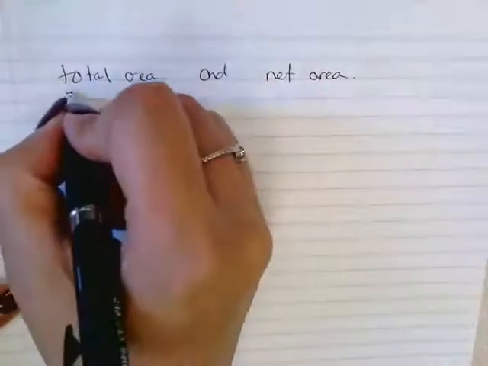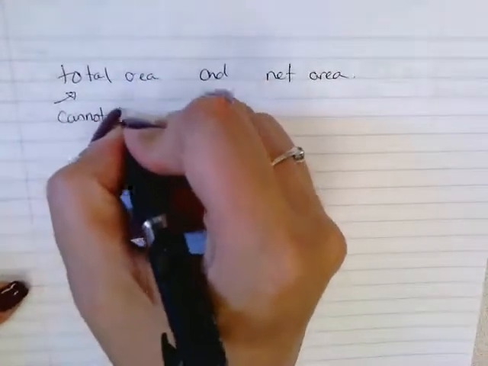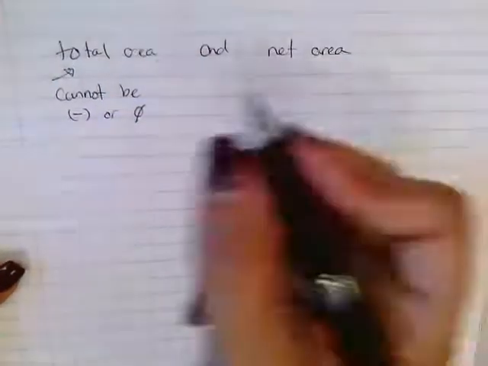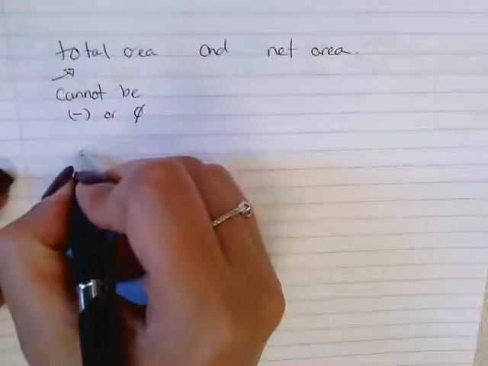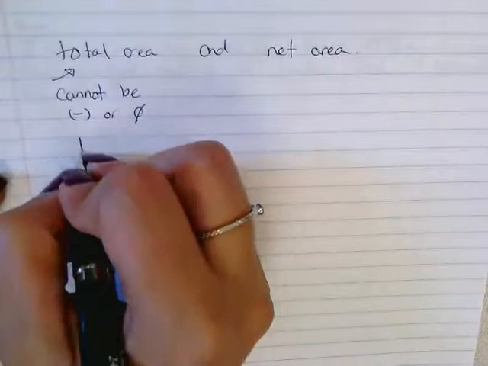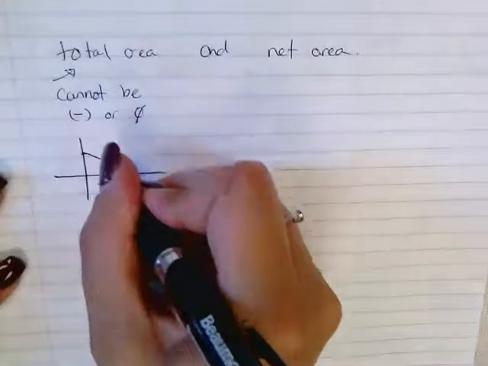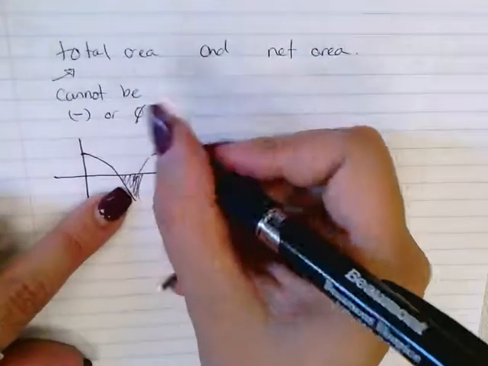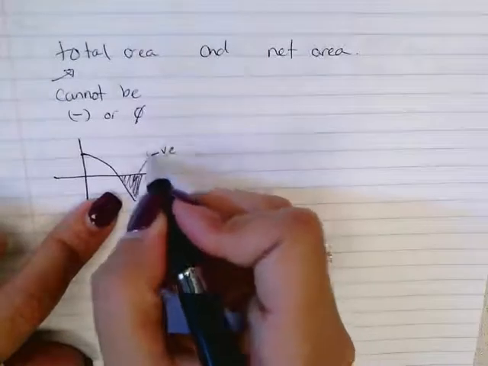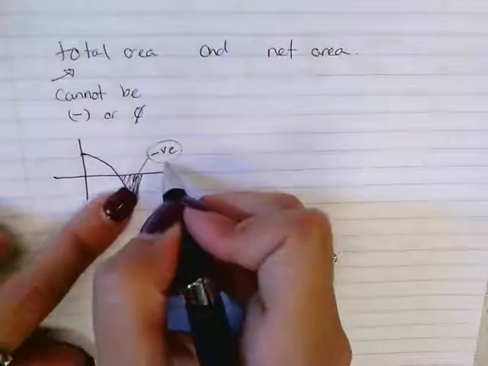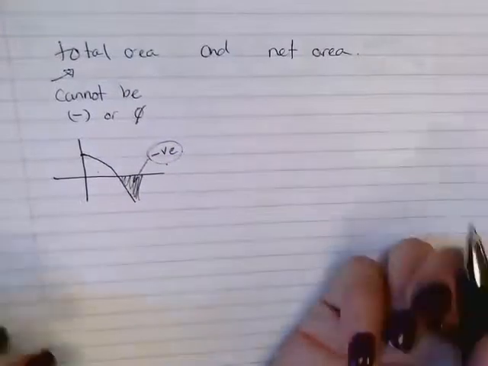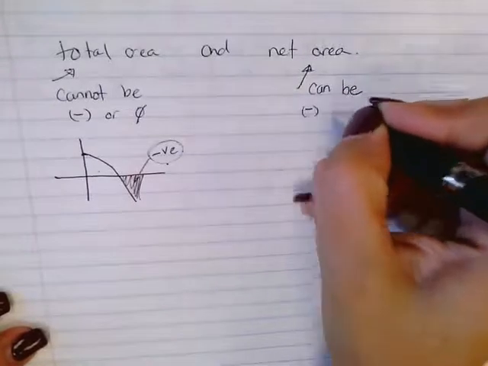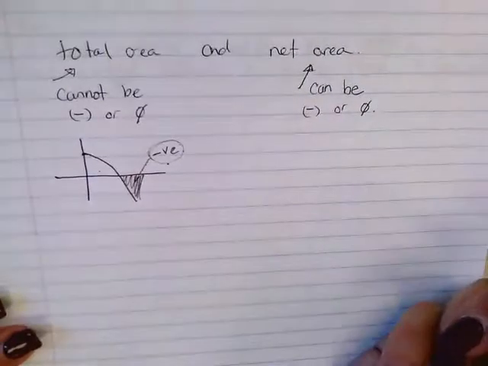Just keep in mind that total area cannot be negative or 0, because you're basically always going to be adding up the areas, and even if the area is technically a negative value, you're going to add the positive of that. Okay? So you're going to take the absolute value of any negatives. And then the net area, it can be negative or even 0.